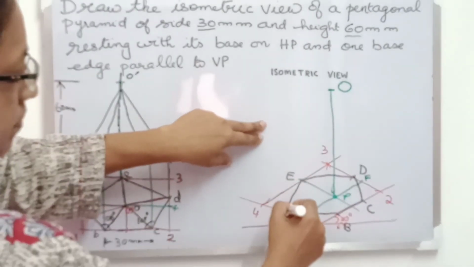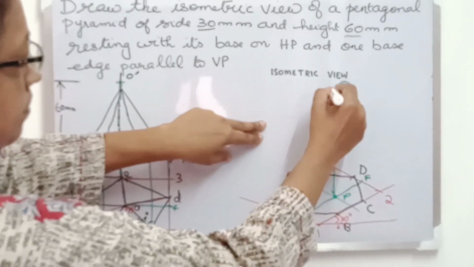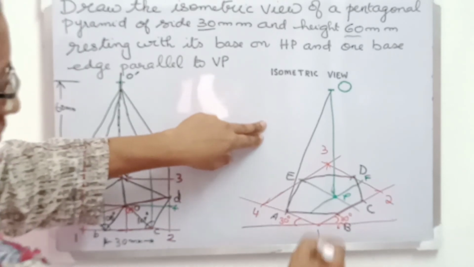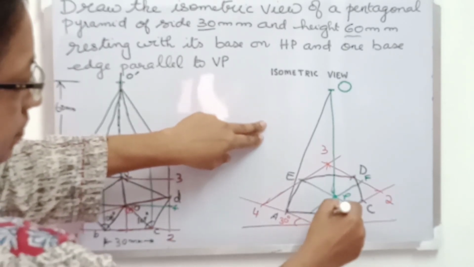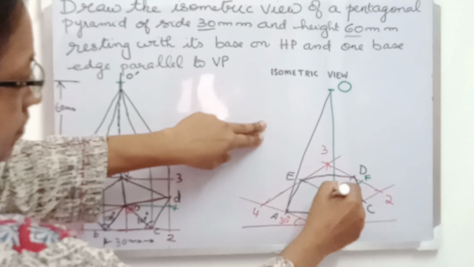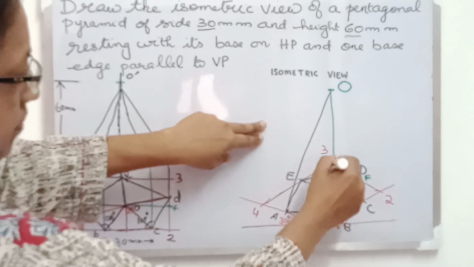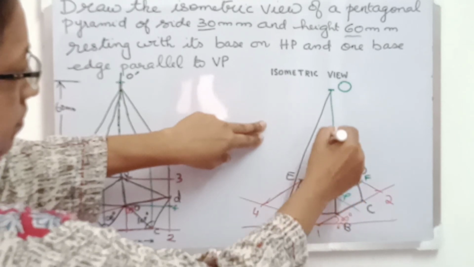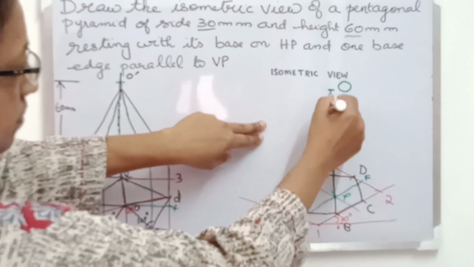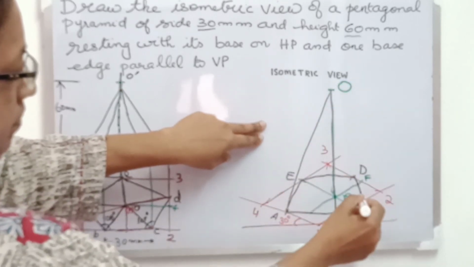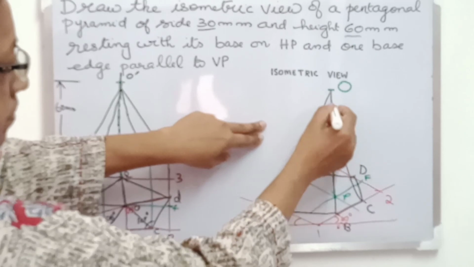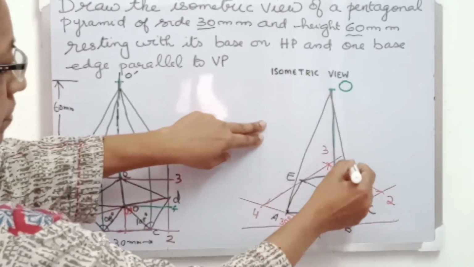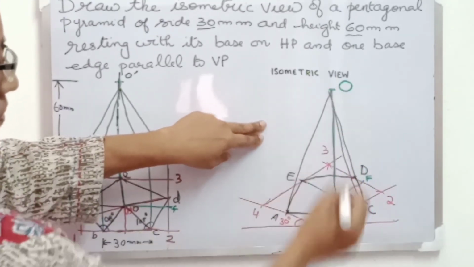Now, let us join OA first. Next, join BO. So, the triangle AOB is covering the corner E. Next, let us draw the edge CO and then DO.